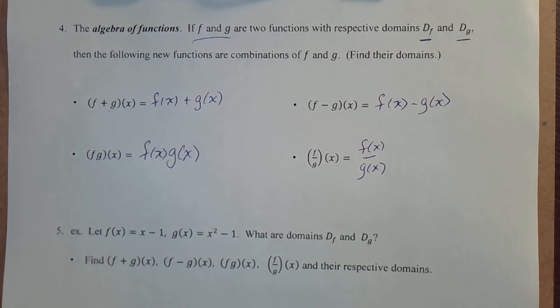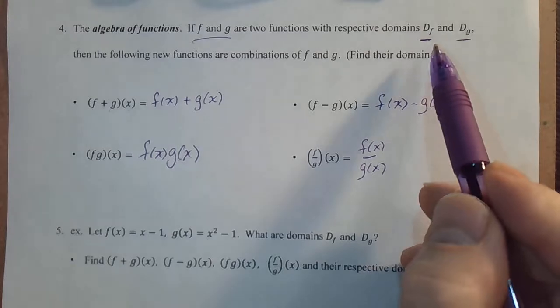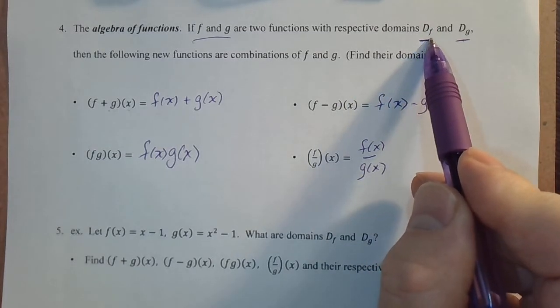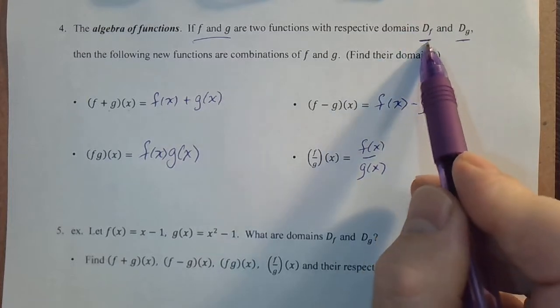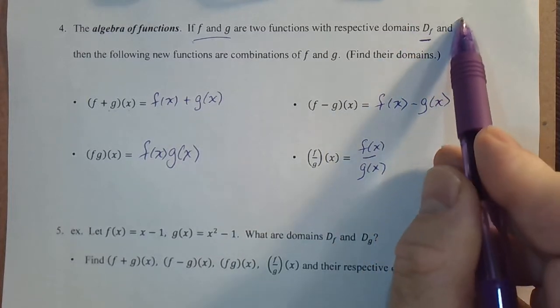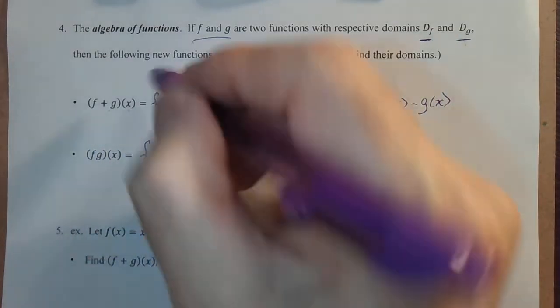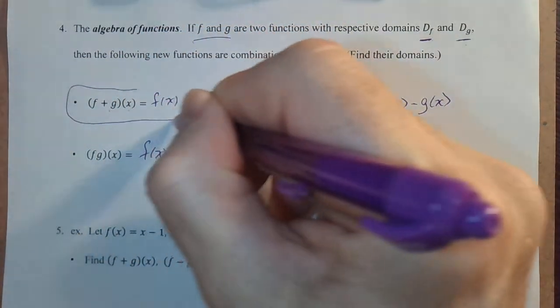Now we need to discuss the domains of these functions. Remember, we know what the domain of f is. I mean, we don't literally know what it is, but this is the symbol that represents it, and this is the symbol that represents the domain of g. What do you think the domain would be of this function right here?